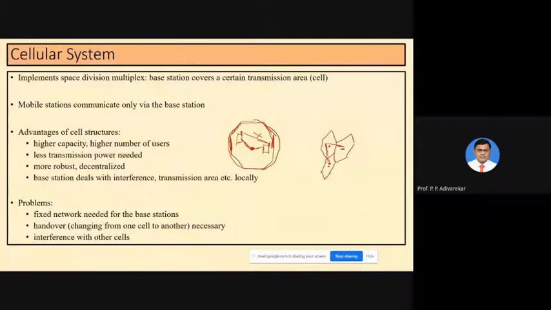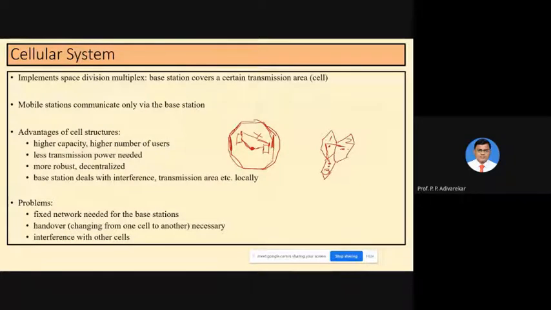A user who is currently in cell number 3, suppose, I'll give you the numbers for the cells. This is cell number 1, this is cell number 2, and this is cell number 3. The user who is currently in cell number 3 will move to cell number 2, and then he will move to cell number 1. So this user moves in a particular direction, maybe from 3 to 1 to 2, which is already shown.